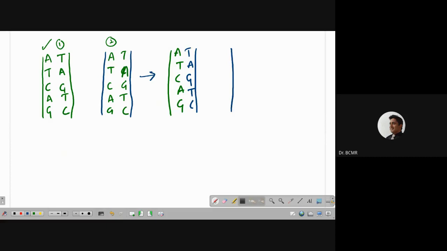Certainly there is some material exchange. I will also write the other DNA molecule, the new recombinant, and let's see what happens. T, A, G, T, C. Now we had two DNA molecules, molecule 1 and molecule 2. Now we have recombinant DNA molecules 3 and 4.